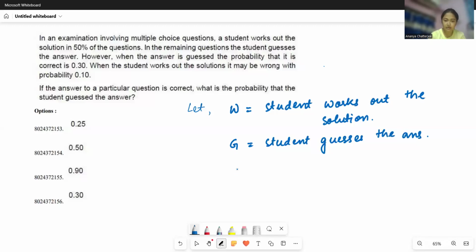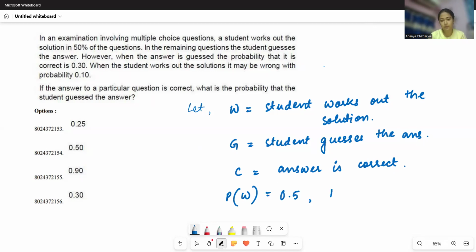Okay. And C is the answer is correct. Now it is given that the probability that the student works out the solution is 0.5 and the probability of guesses is 0.5.